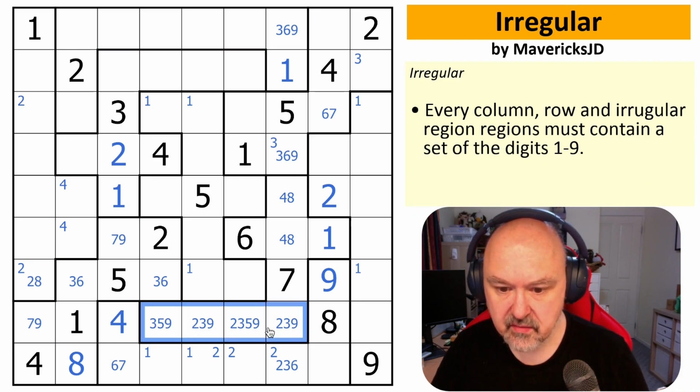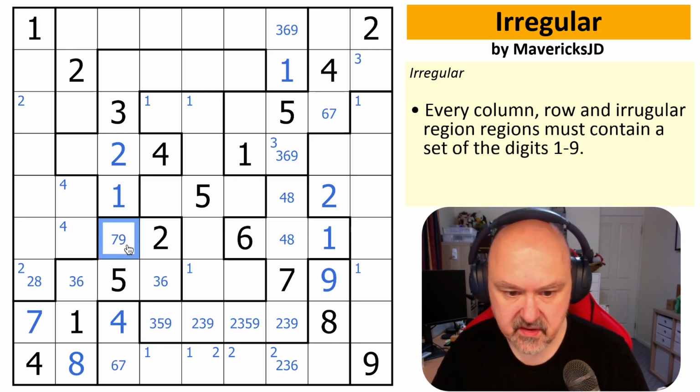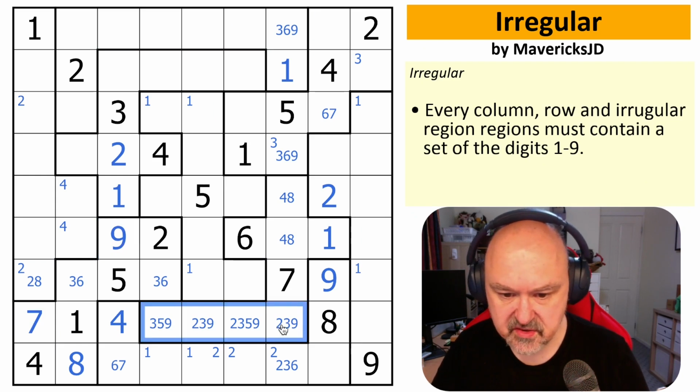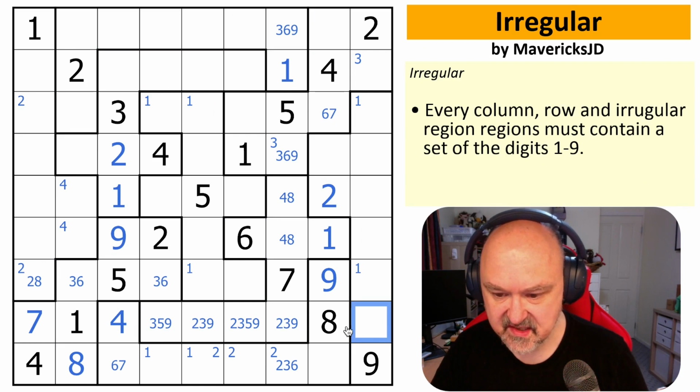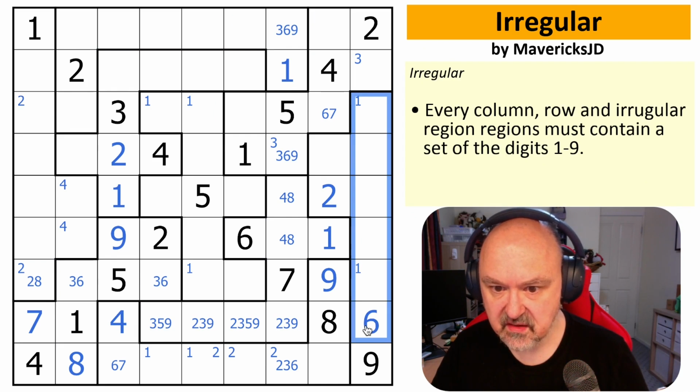But that means this is a 7 and this is a 9 because this is a quad. So if that's a 7, that's a 9. So this here, 1, 2, 3, 4, 5, is a 6. So we've now got the 6 in here.